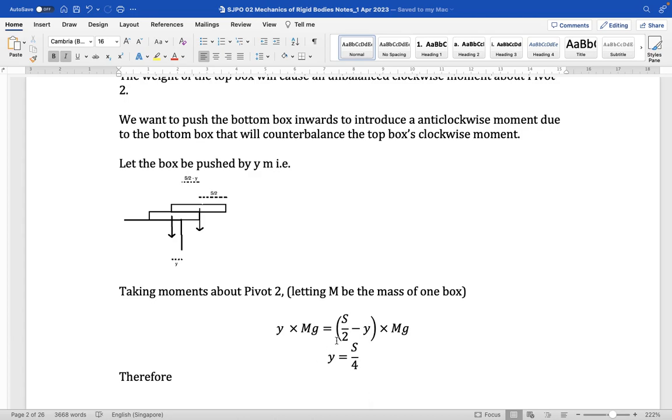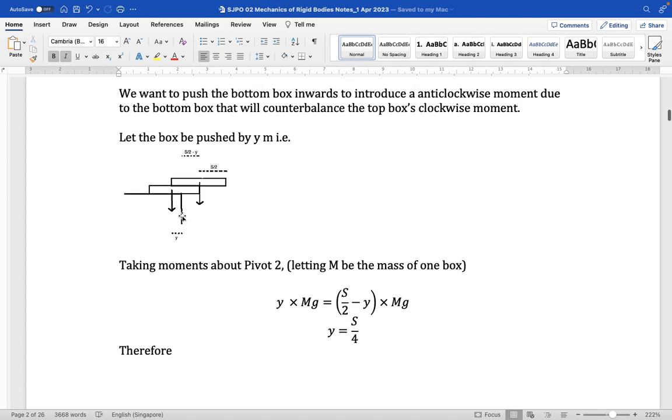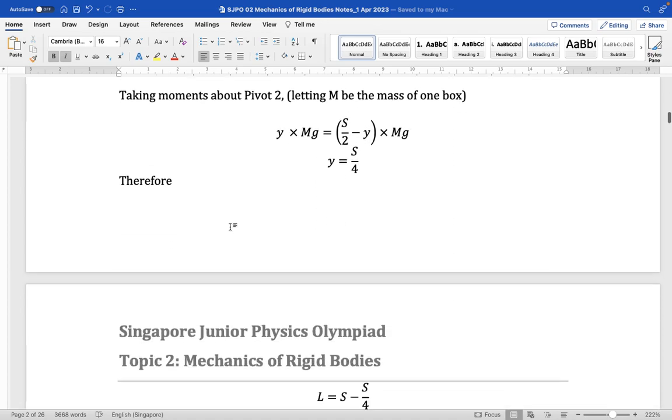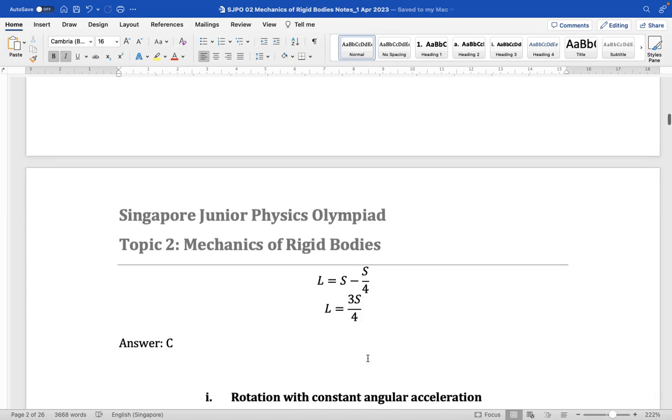That will give you a value y equals s over 4. So this movement results in a value s over 4. Now, to find the actual answer, which is the distance from the edge of the table to the maximum position here, you will take s minus s over 4, which will give you 3s over 4, which is answer C.